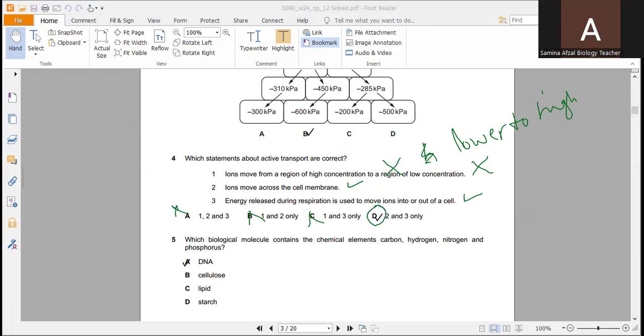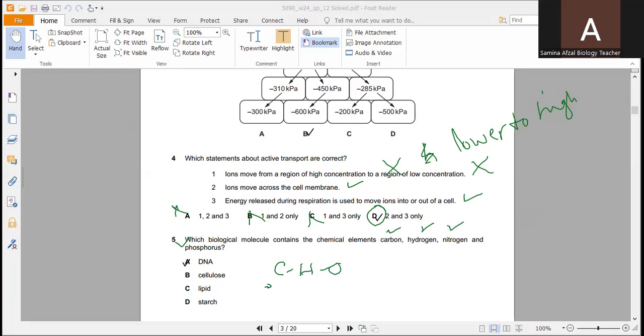Which biological molecules contain the chemical elements carbon, hydrogen, nitrogen, and phosphorus? These are the four elements. Cellulose is a carbohydrate, so it should contain carbon, hydrogen, and oxygen.